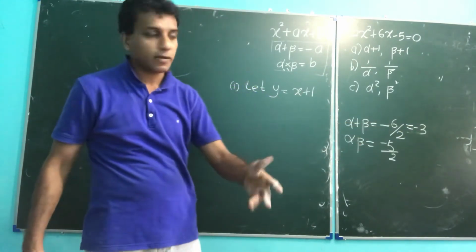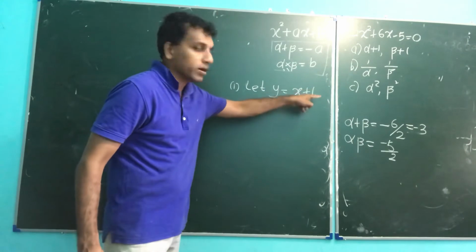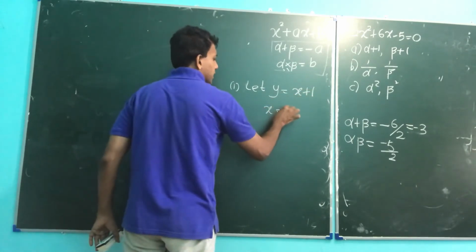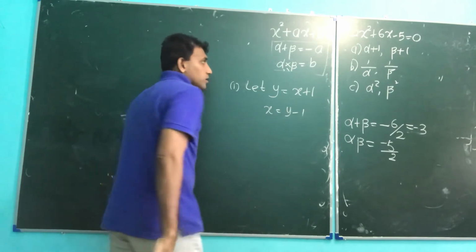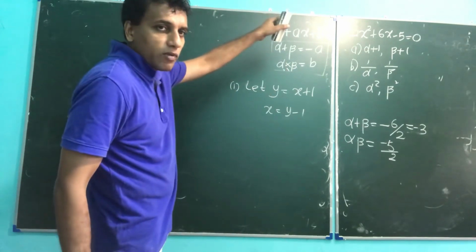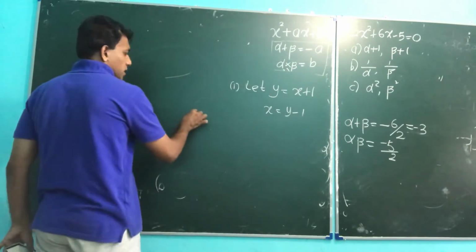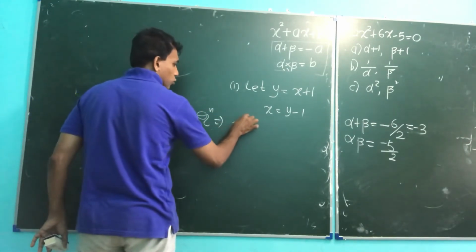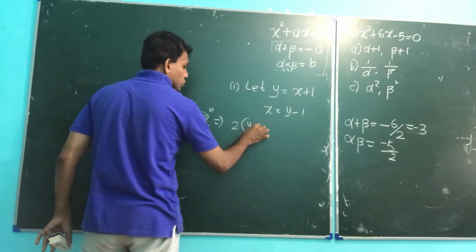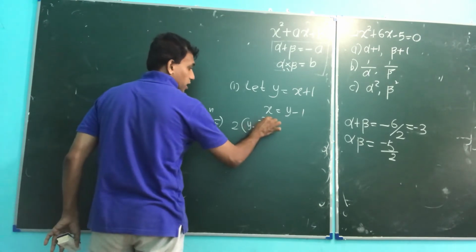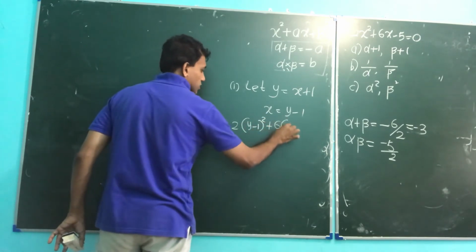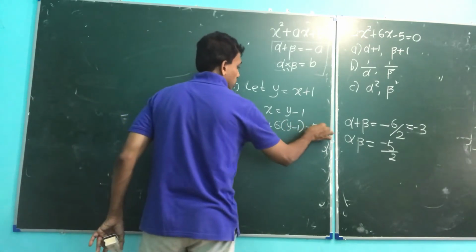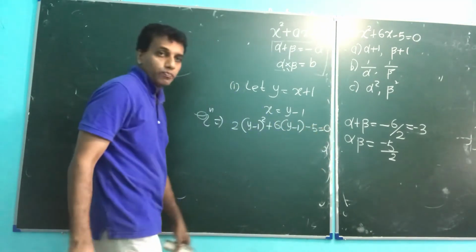Therefore x equals y minus 1. So put x as y minus 1. That's the method. The equation is therefore 2 times y minus 1 squared plus 6 times y minus 1 minus 5 equal to 0.